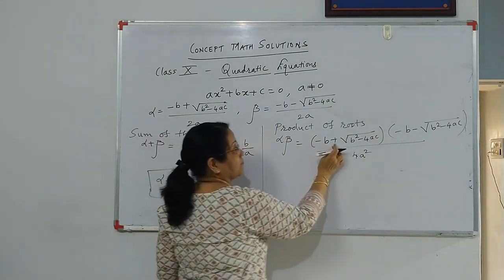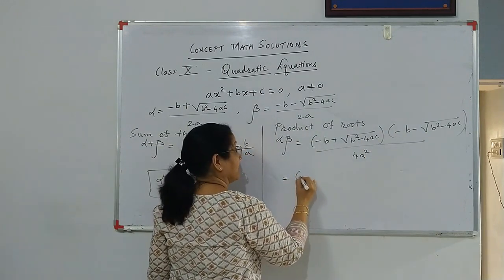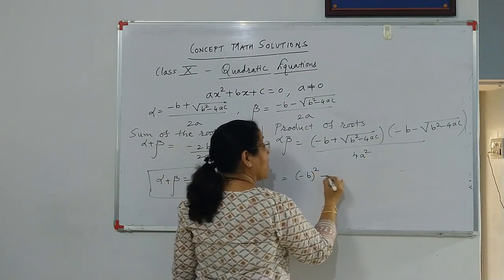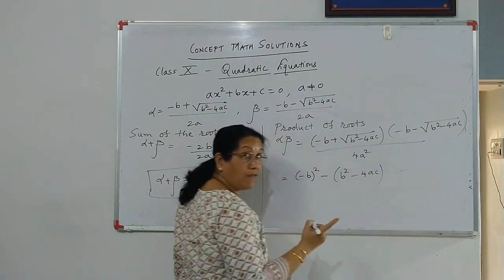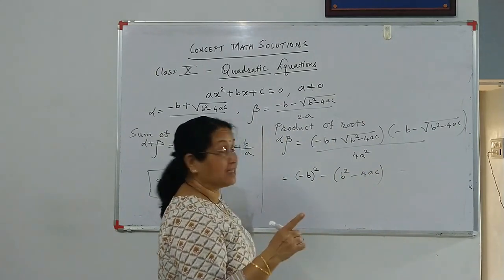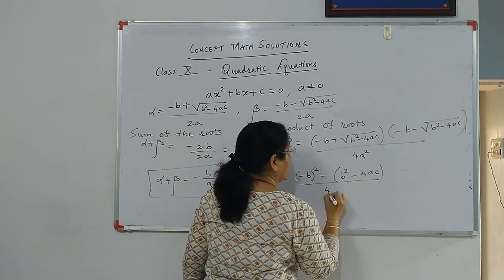Now this is x plus y, x minus y. So x square, that is minus b square, minus y square. So b square minus 4ac, root will go off. A plus b into a minus b, a square minus b square, upon 4a square.